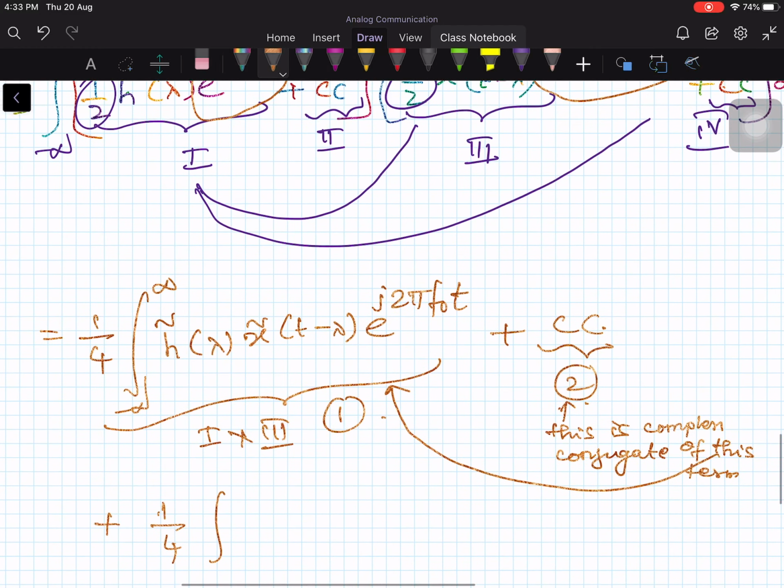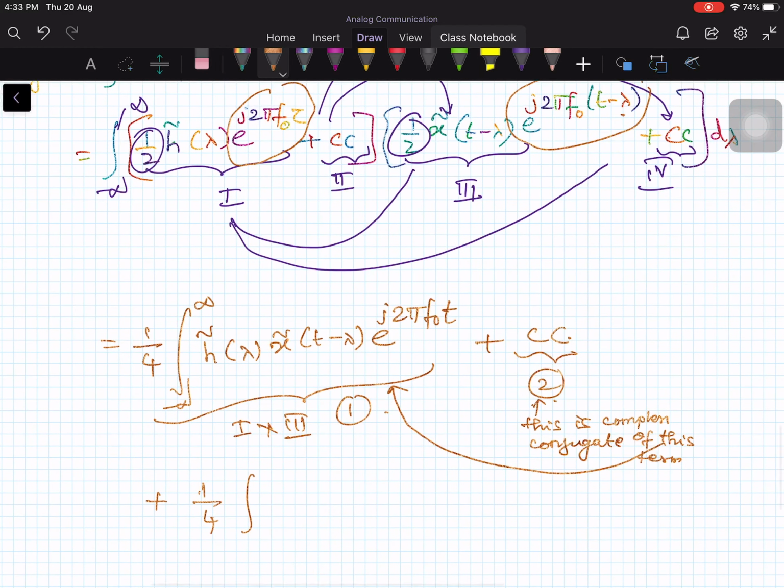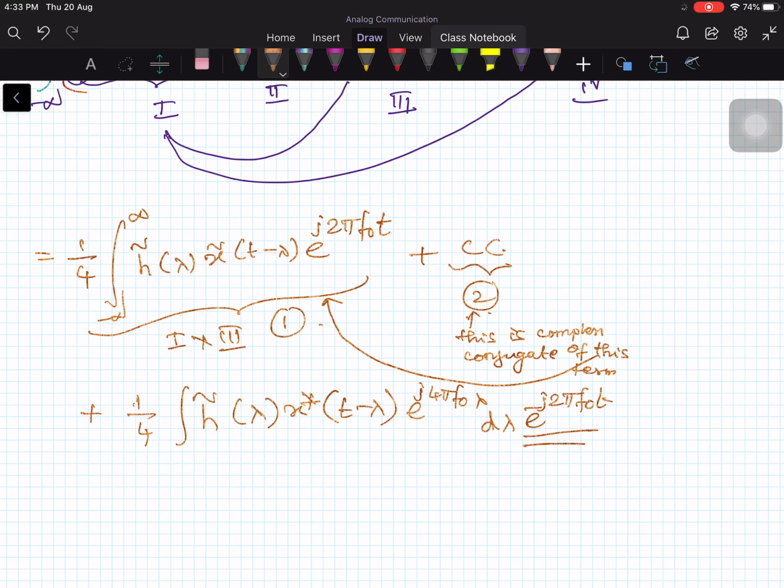maybe I'll compress so that you can see 1 and 4, then h tilde of lambda times x conjugate of t minus lambda e to the power of j 4 pi f naught lambda times d lambda plus e to the minus j 2 pi f naught t, because it is a constant, you are doing the integration with respect to lambda, plus the complex conjugate of this.